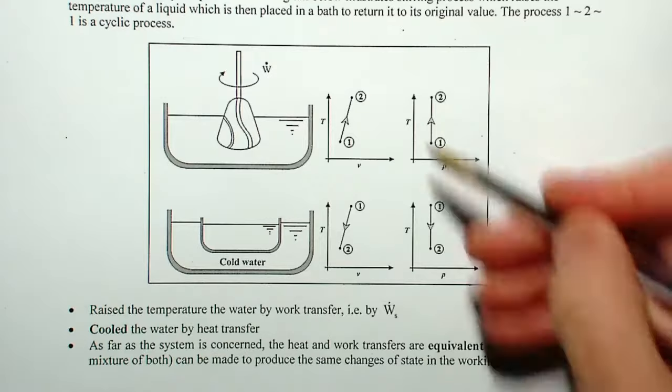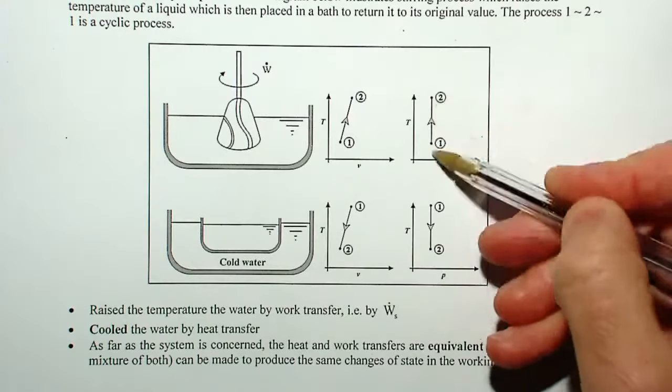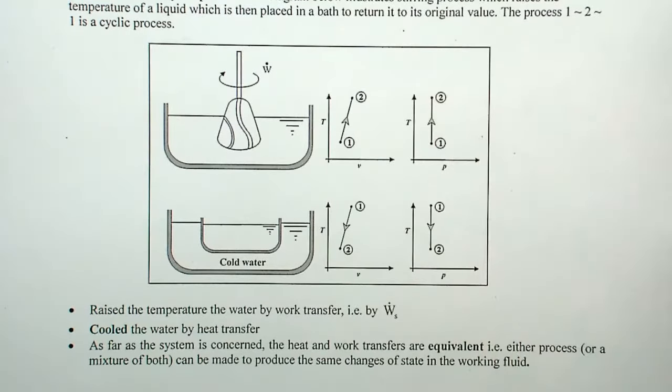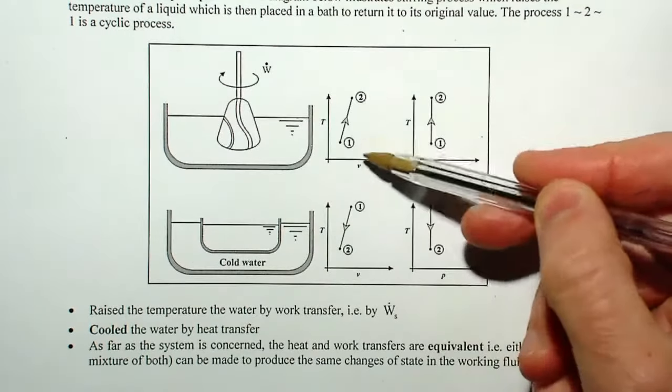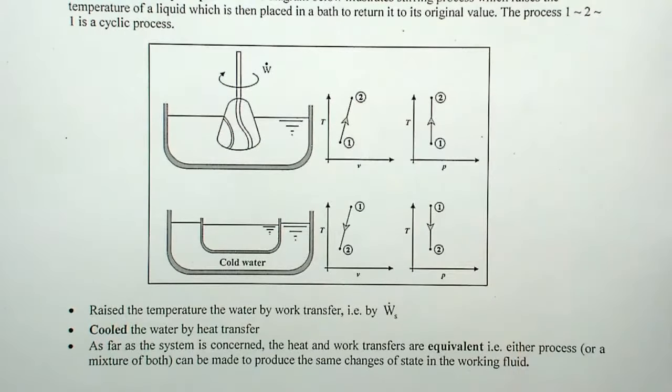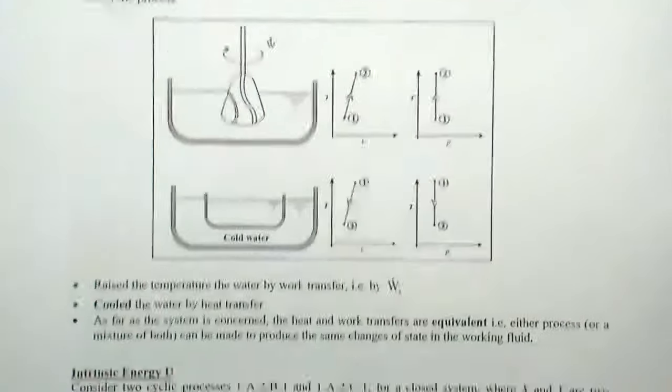Therefore, the pressure is going to stay constant, and you're going to have a vertical line, which signifies that temperature is going up. When you look at the specific volume, of course, as the temperature goes up, the specific volume increases to some extent, because the molecules at the subatomic level tend to expand as the temperature goes up. So you have a little bit of increase in the specific volume.